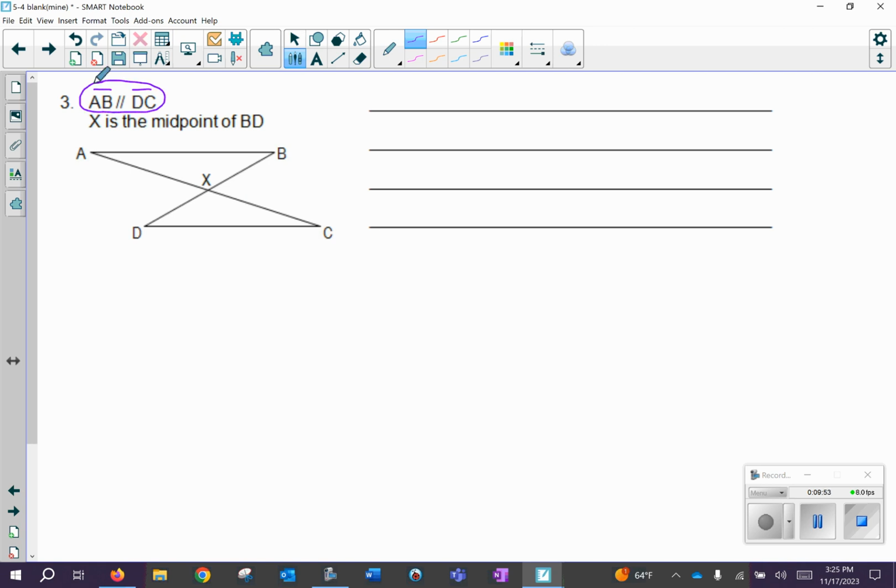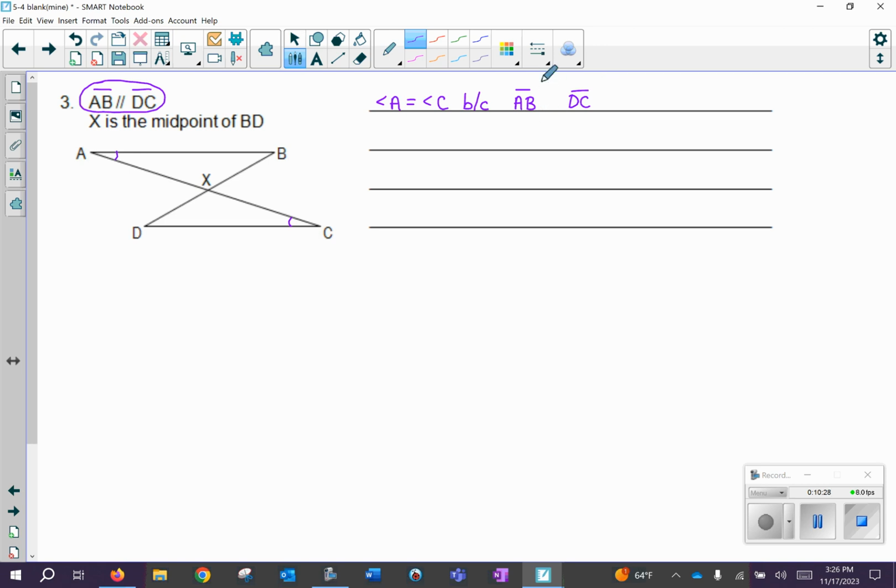The marking part of it is this. Because of those being parallel, I need to mark alternate interior angles equal. So the backward Z right here would tell me that angle A equals angle C. So I'm in purple still. From that information, angle A equals angle C. And it's because, literally that statement. You just write it the same with your symbols. Segment AB is parallel to segment DC.